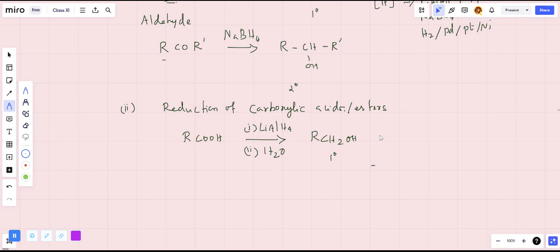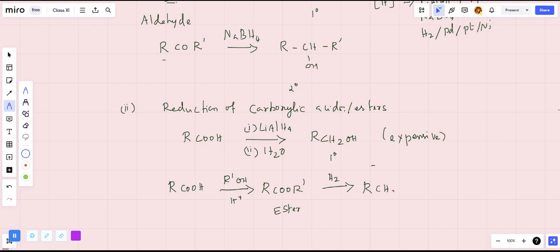Because this gives an excellent yield but is a very expensive method. In the lab we can prepare it, but commercially it is not profitable. So the acid is first converted to an ester. When the acid reacts with alcohol, in acid hydrolysis you get the ester, COOR. This ester again, with hydrogen, undergoes reduction and forms primary alcohol.